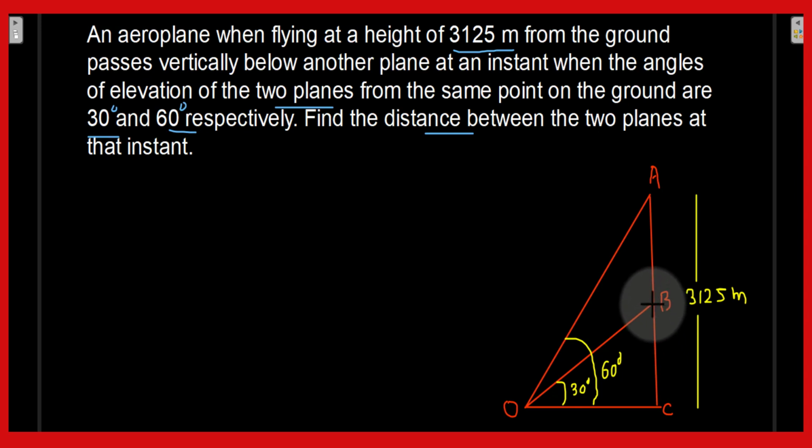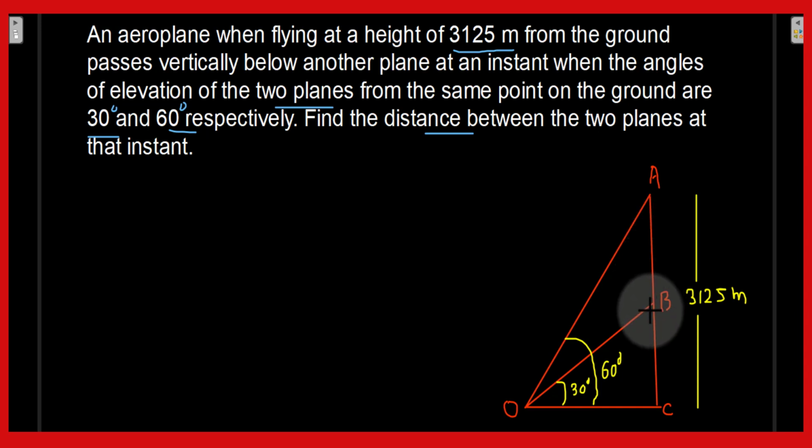Here B is a plane flying at a height of, so here friends, A is a plane that is flying at a height of 3125 meters from the ground, and at a particular instant another plane B passes below this plane A. So at that instant these two planes are vertically above one another.